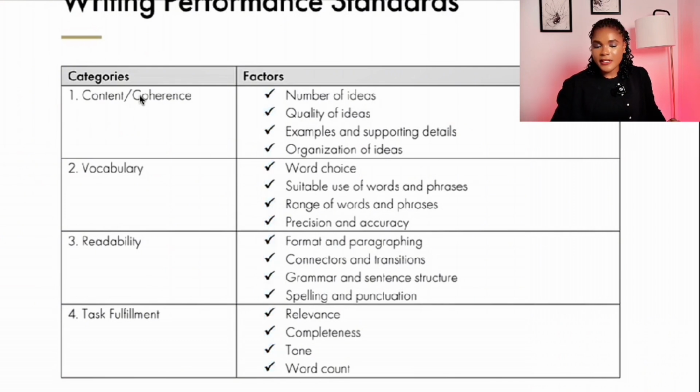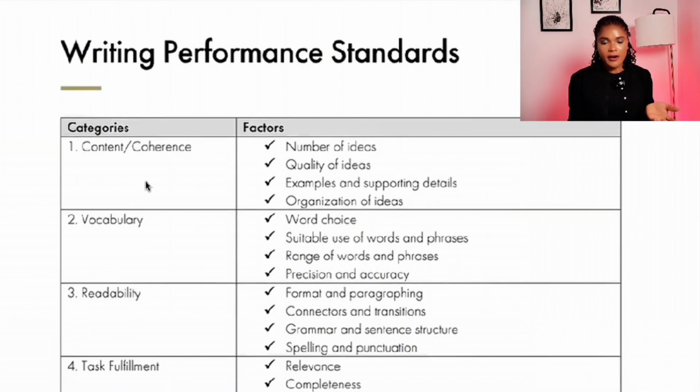Now let's start with the first category, which is content and coherence. Under this category, the raters are watching you using 4 factors: number of ideas, quality of ideas, examples and supporting details, and organization of ideas.